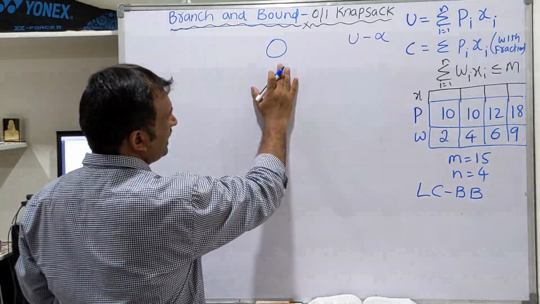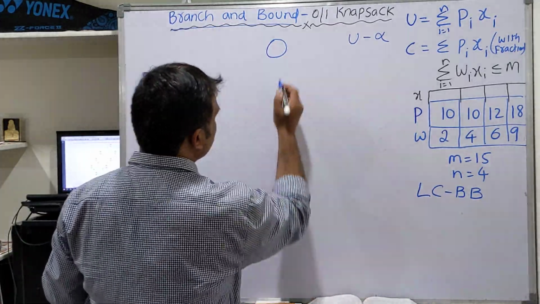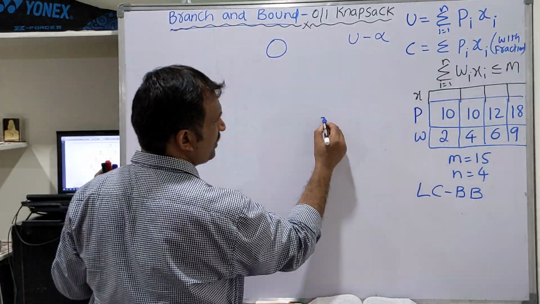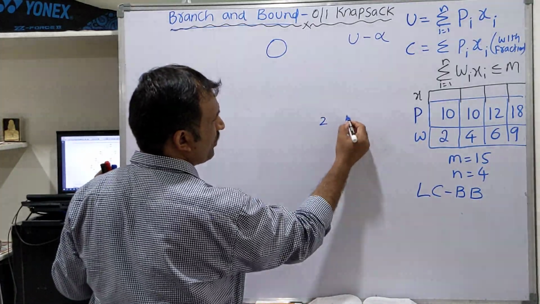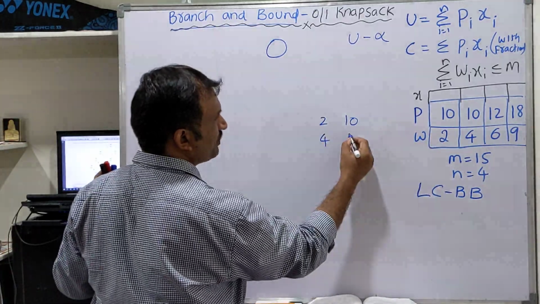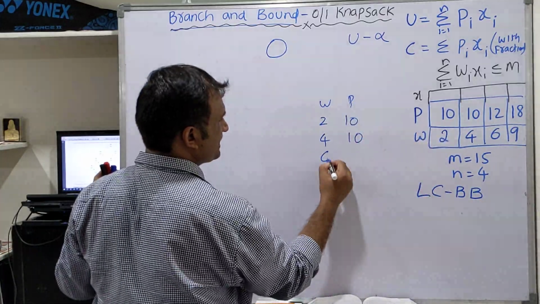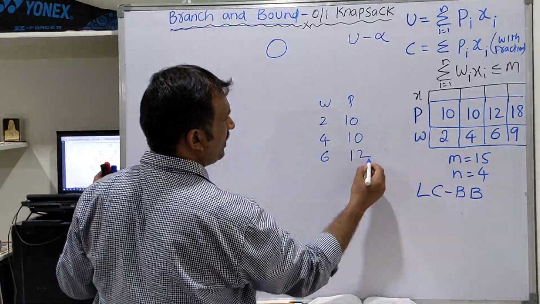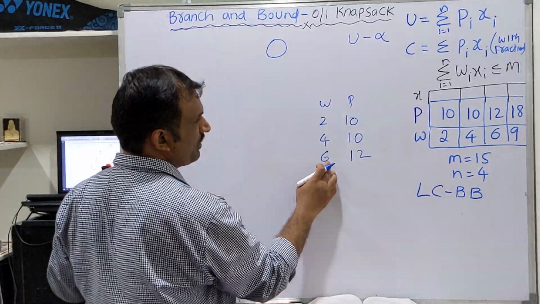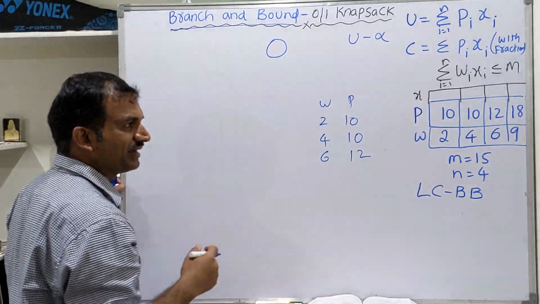Now let me include as many items as can be included. Assume the first item is included: weight 2 with profit 10. The second item is included: weight 4 with profit 10. The third item is included: weight 6 with profit 12. What is the total weight here? 2 plus 4 plus 6, 12. The knapsack capacity is 15, so we cannot fill the entire bag.